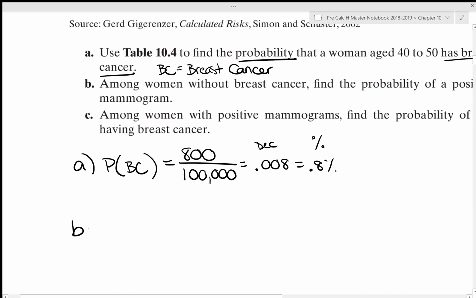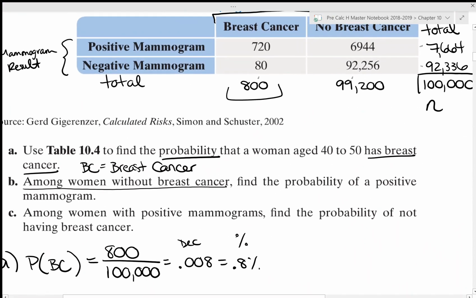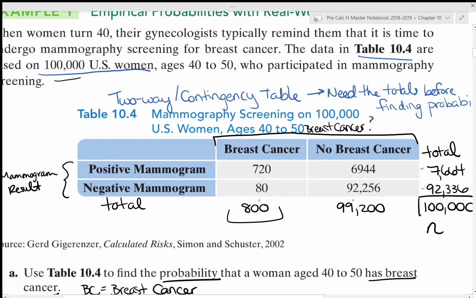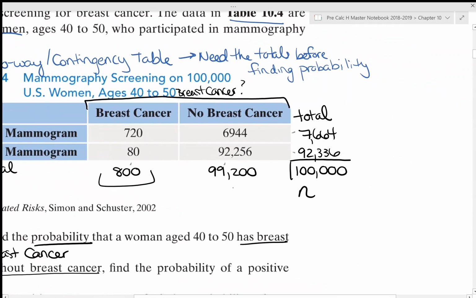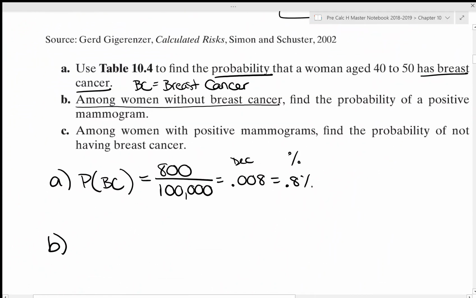Now for B, among the women without breast cancer. So now we're just looking at the women that don't have breast cancer, right? So no breast cancer is here, and we're just looking at these women. Find the probability of a positive mammogram. So for those that don't have breast cancer, what's their chance of having a positive one?